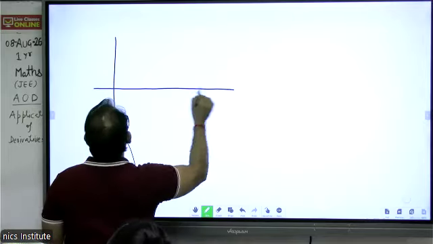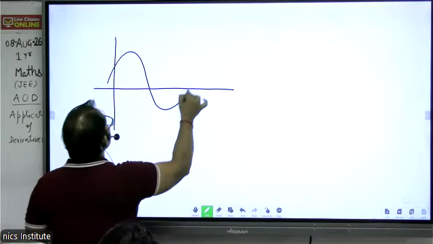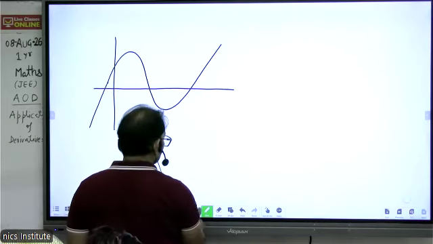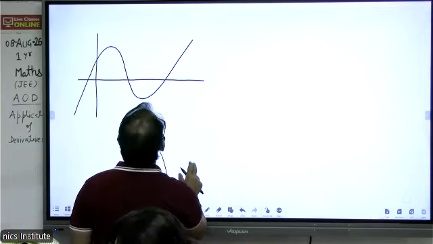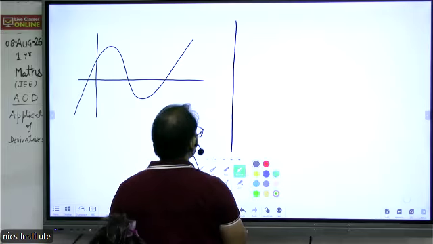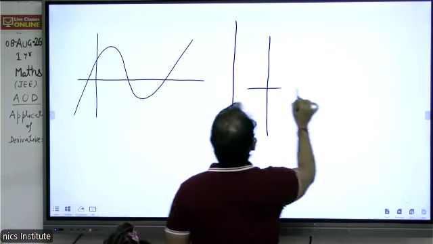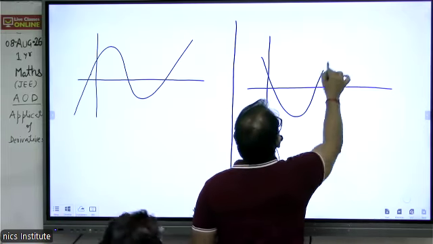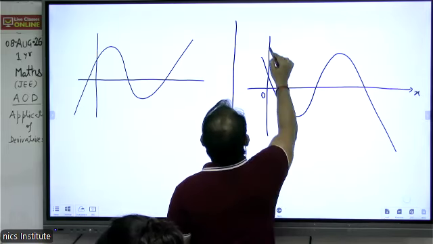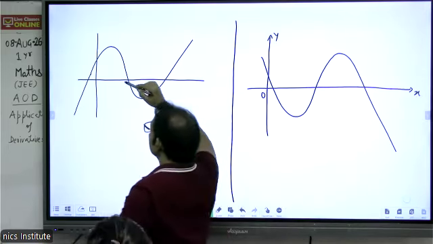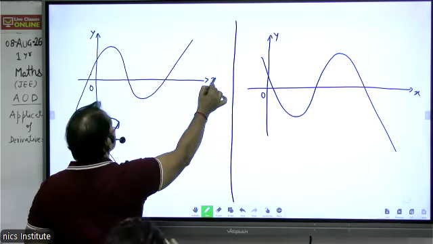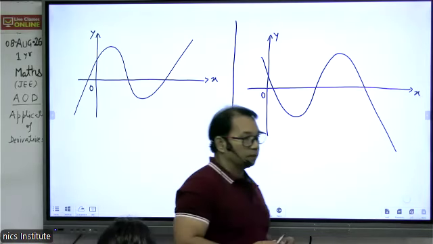Suppose we have a function like this, and there's another function whose graph is this. This is the origin, the y-axis, and this is the x-axis.